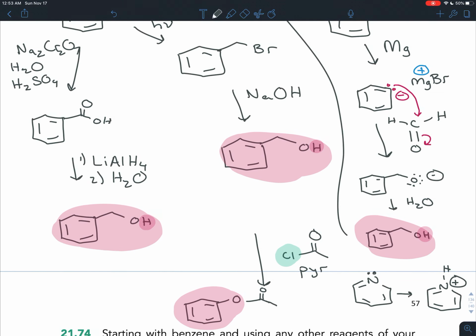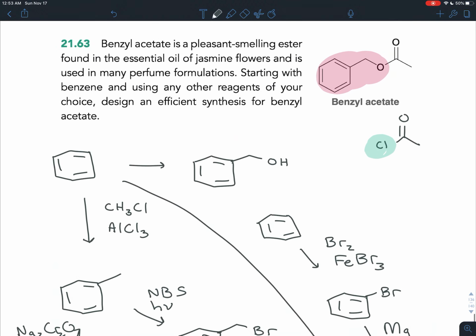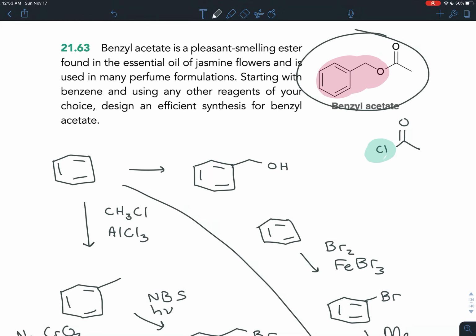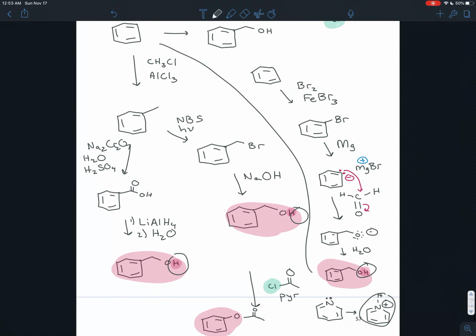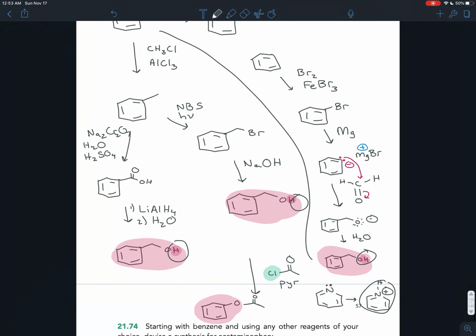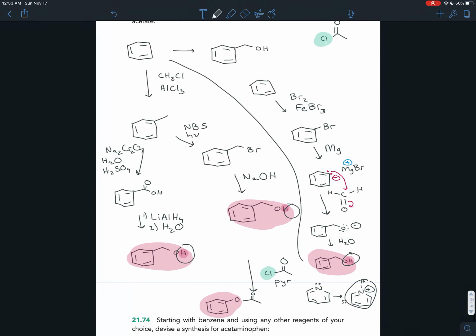So that H that we see here, that's not in our product, that is transferred by a proton transfer to pyridine to become pyridinium. And there it is, our benzyl acetate. The smell of gardenias, the smell of jasmine flowers, an ingredient in perfumes, and all created by these magical recipes.